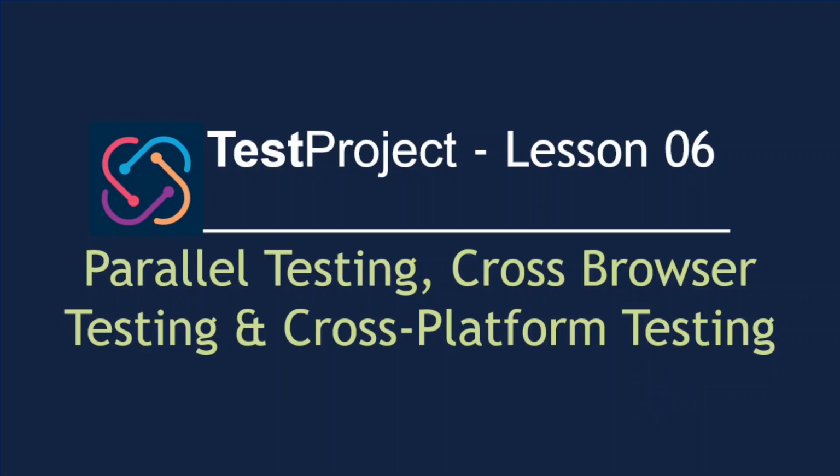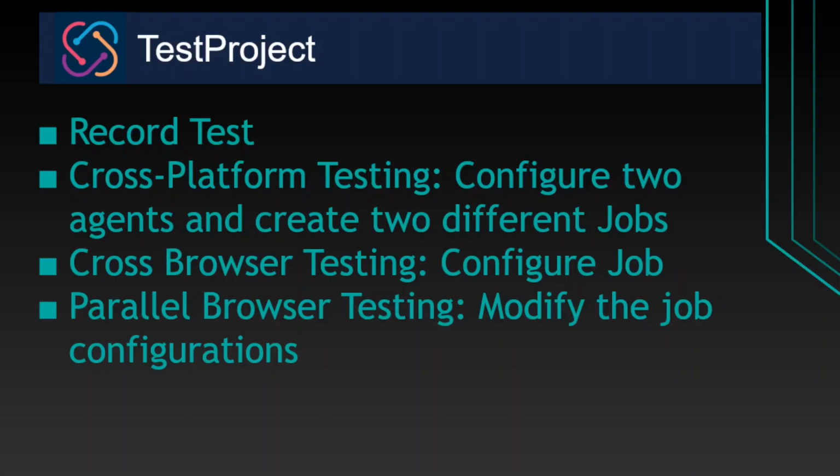So here is our agenda for today's session. I'm going to teach you how to perform cross platform testing by using test project automation tool. What do you mean by cross platform testing?